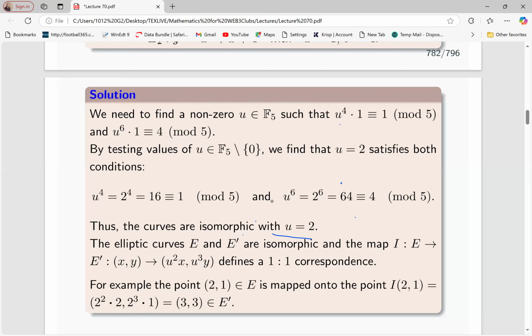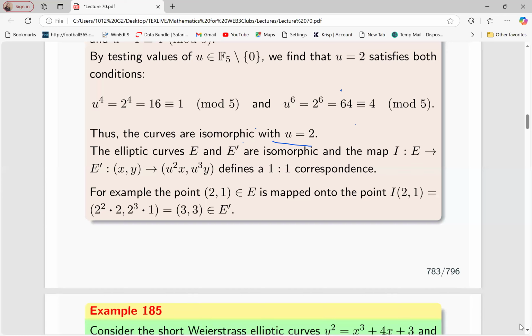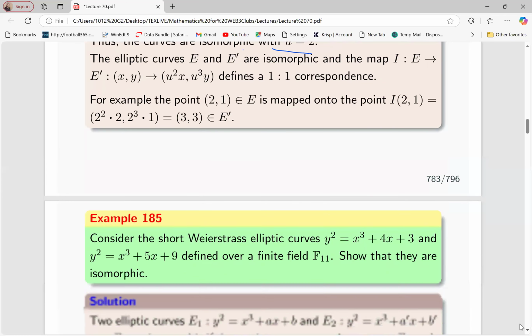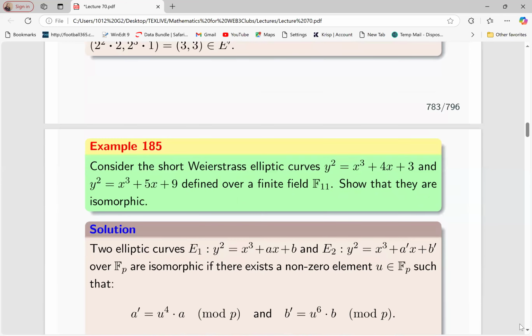Now, the question that will follow is which element of curve A would map to which element of curve B? We'll look at that later.